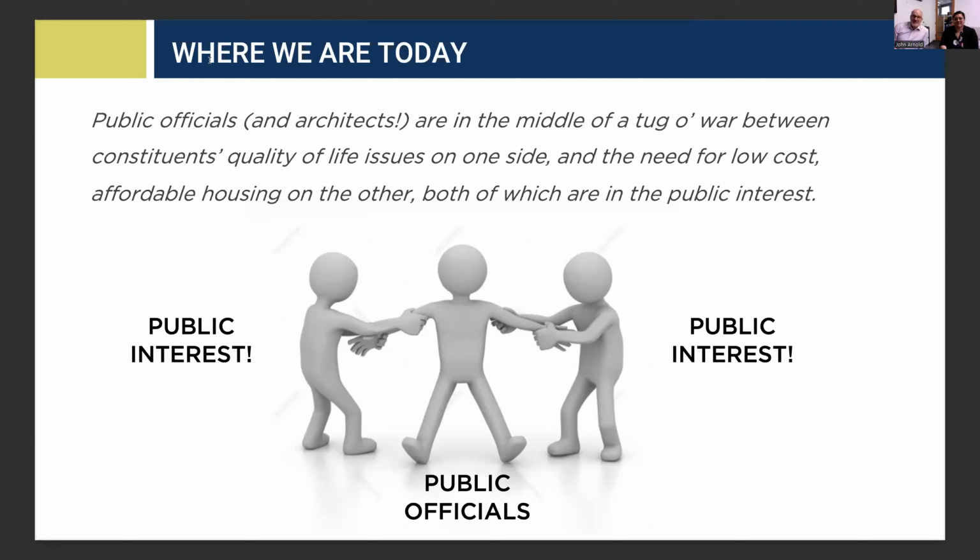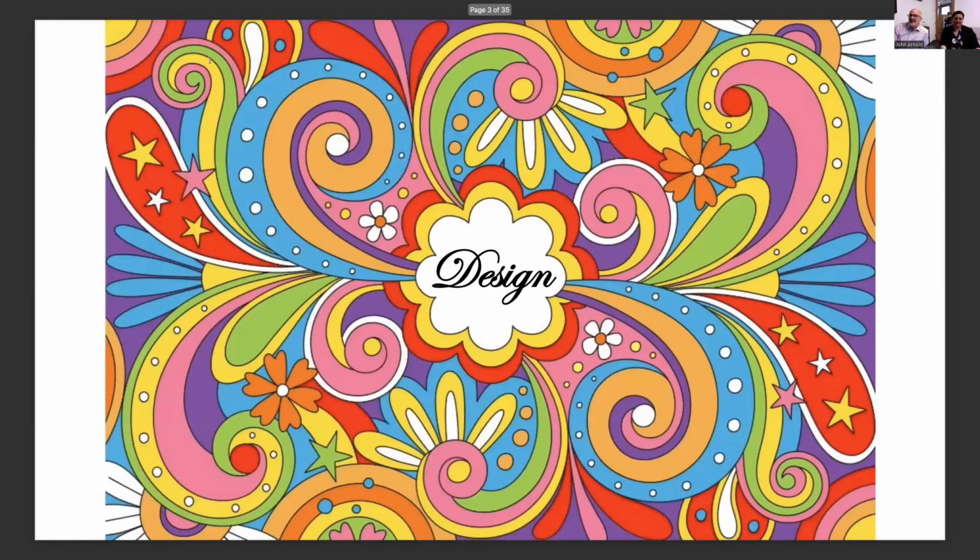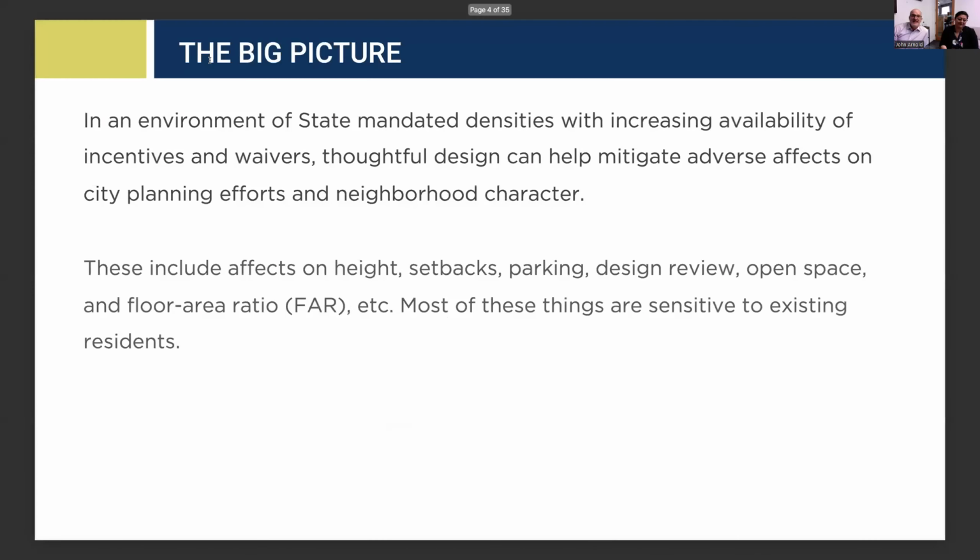So what we're here today to say is that as architects, we believe that there is a solution to this, and that, of course, is design. The theme of the course today is that design in an environment of state mandated densities with increasing availability of incentives and waivers, thoughtful design can mitigate adverse effects on city planning efforts and neighborhood character.